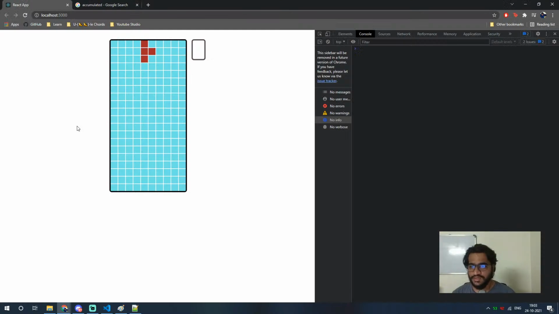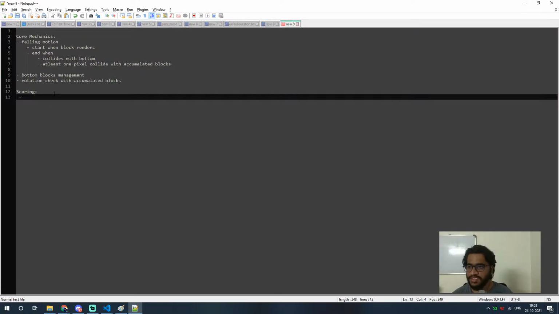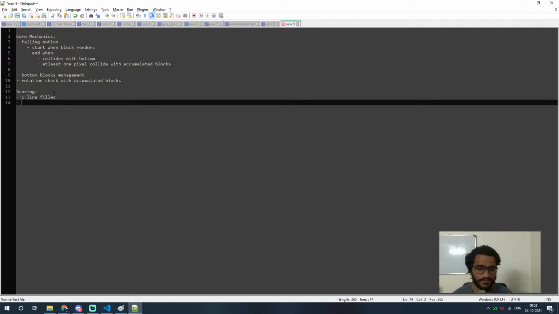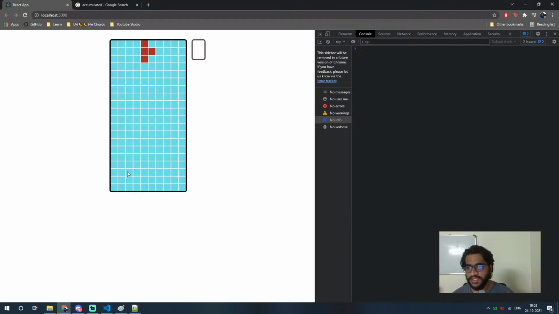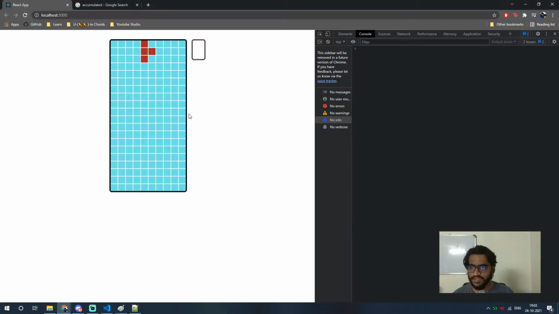So scoring would contain checking whether one line is complete, one line is filled, and whether 4 lines are filled, because there is a multiplier depending on whether the player has filled 1 line, 2 lines, 3 lines, or 4 lines in one go. The maximum is 4 lines because there are only 4 blocks, but you get my point.